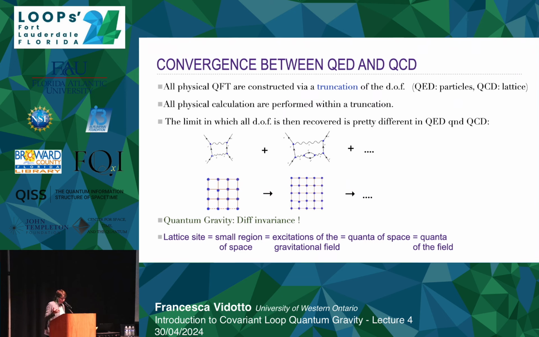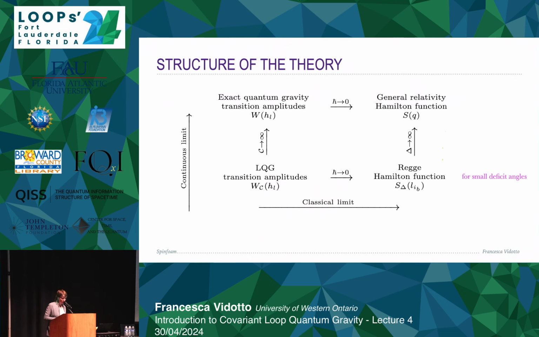So here, what you are left with is just a computational procedure in which you want to refine the graph without taking the lattice space to 0, okay? So this refinement of the graph is important for defining the classical limit.